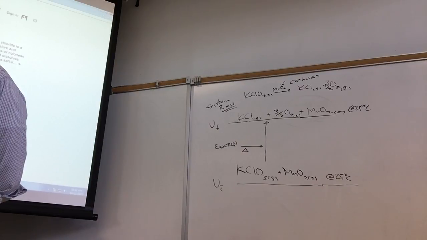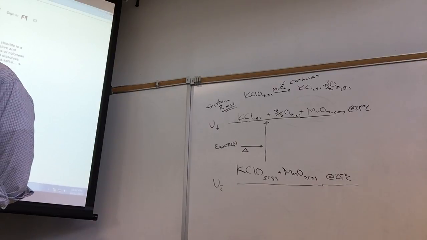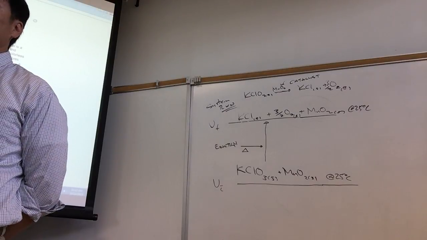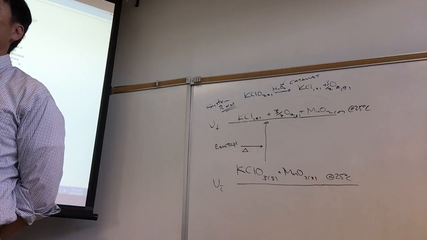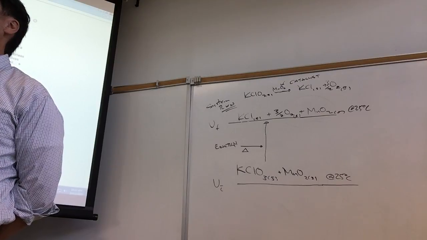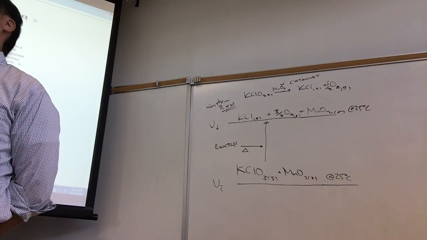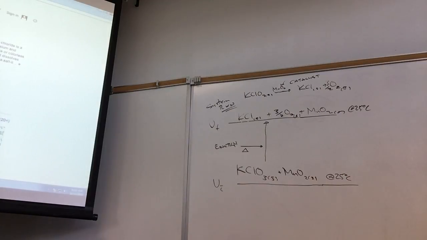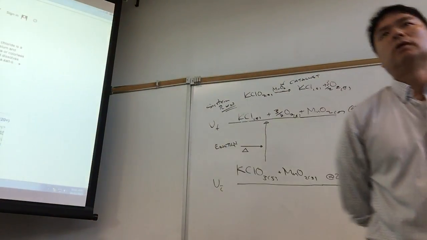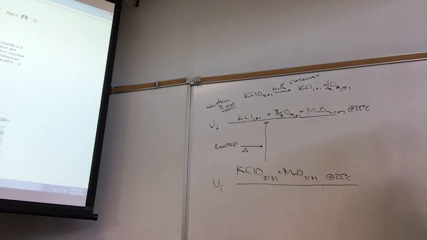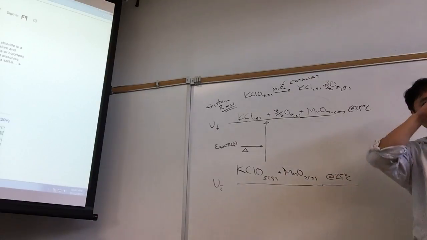No, it's not that. What is it? Do you have it in your notes? Uh-huh. Whether the system is either a constant volume or constant pressure. Yes. That's very important here. Whether it's a constant volume or constant pressure system. If we do this under constant volume conditions, what's going to happen?